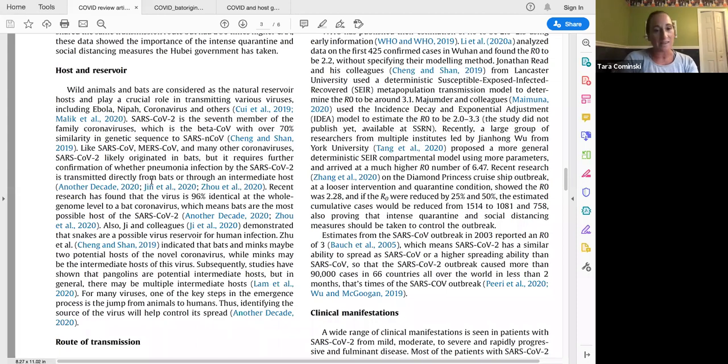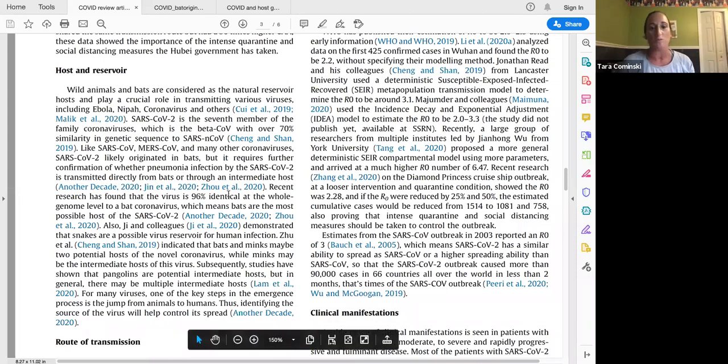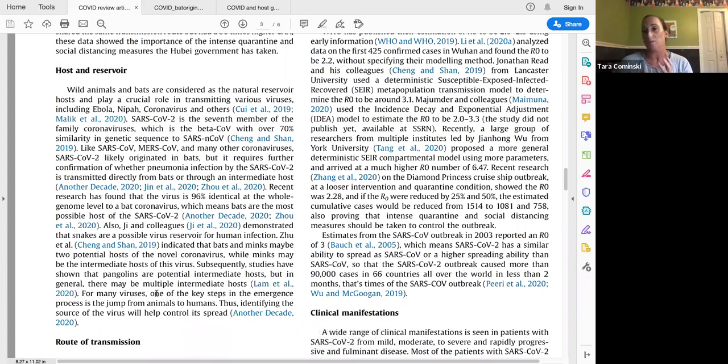But I think they also talk about multiple other hosts that might be necessary in transmitting the virus. So it's another thing to think about: the transmission of viruses between different species. And a lot of the time, some mutation occurs that enables it to then transmit to humans or what have you.